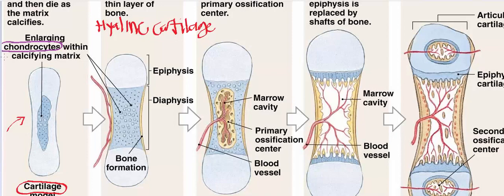And initially what's going to happen is blood vessels, as you can see right here, this is a blood vessel right here. Blood vessels are essentially going to penetrate the very exterior of the cartilage. Okay? And you have to understand that on the exterior of the cartilage, I have these cells called mesenchymal cells.